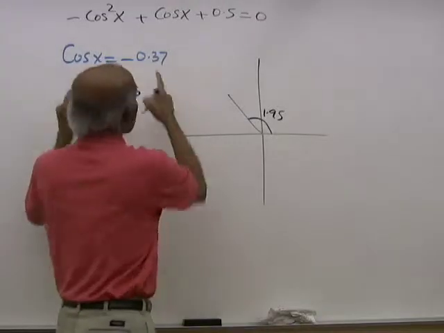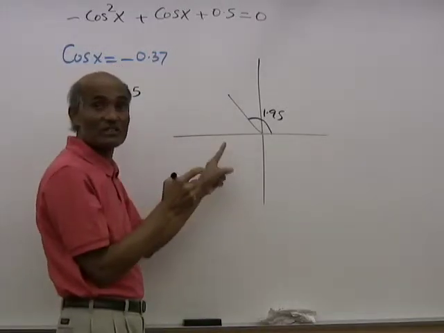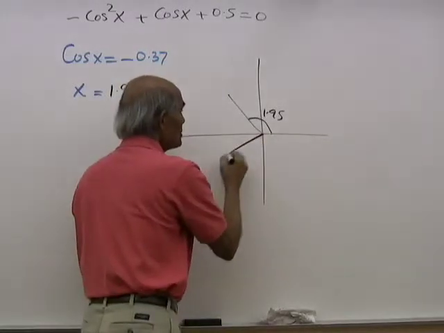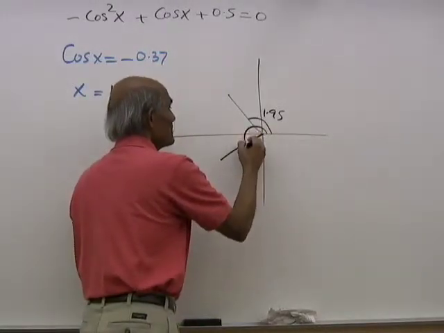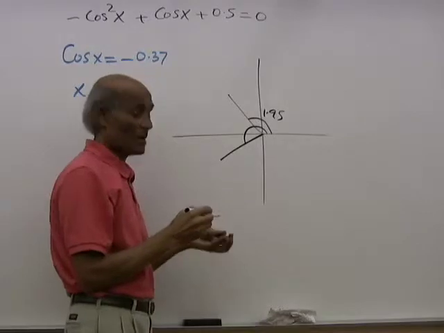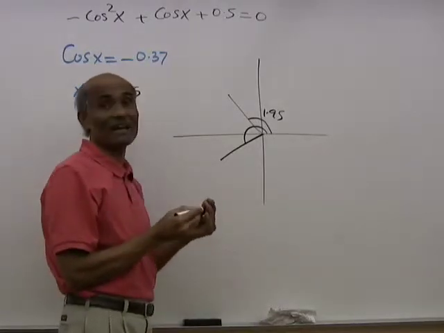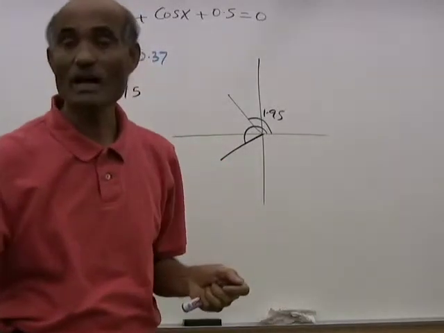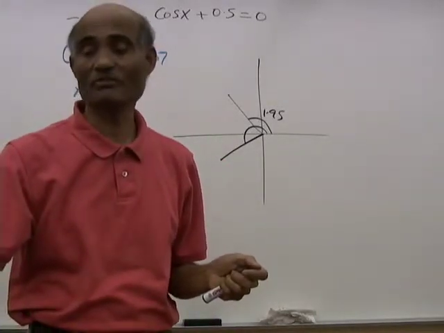Now, cos x is negative in the second and the third quadrant. That means there is a third quadrant value you must have. Now, how do you find that value? If you know the second quadrant value, how do you find the third quadrant value?